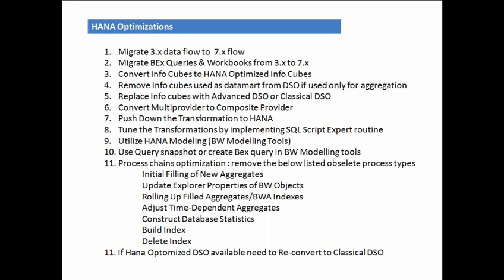Still, as part of optimization, you start cleaning your process definition by removing all the unwanted processes like roll-ups, and no more concept of DB statistics, constructing or building indexes. All these processes can be removed. And remember, there's no concept of HANA optimized DSO. If you already migrated in 7.3, you have to reconvert them back to standard DSOs.